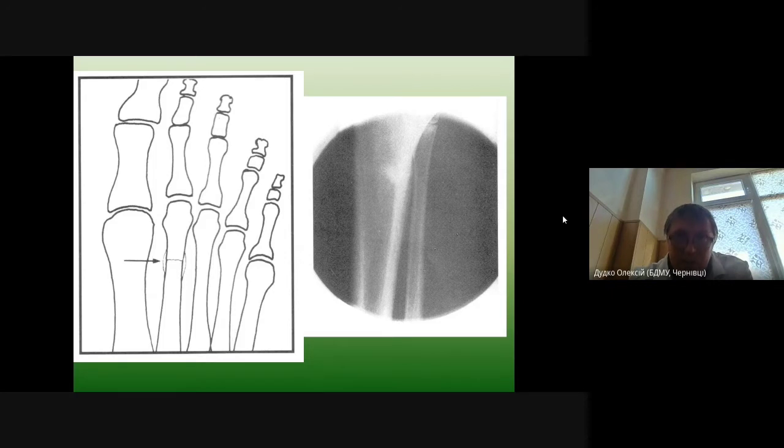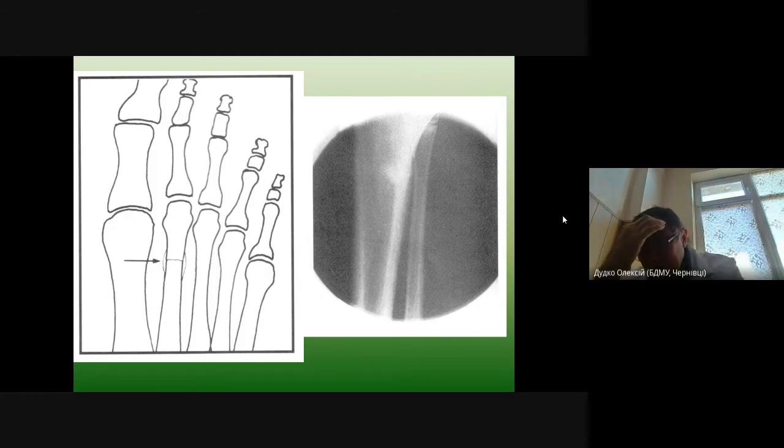This posterior cast can be applied. Of course, you're fixing the foot and the lower third of tibia. On the right side, non-displaced fracture of tibial shaft also should be immobilized for 4 weeks to heal it. After this, fixation can be removed. Patient can start load on this limb.